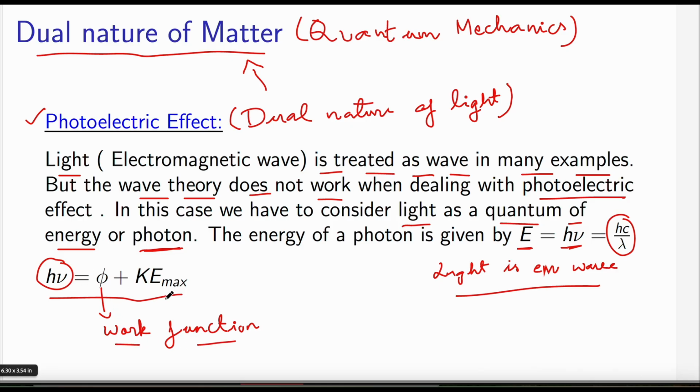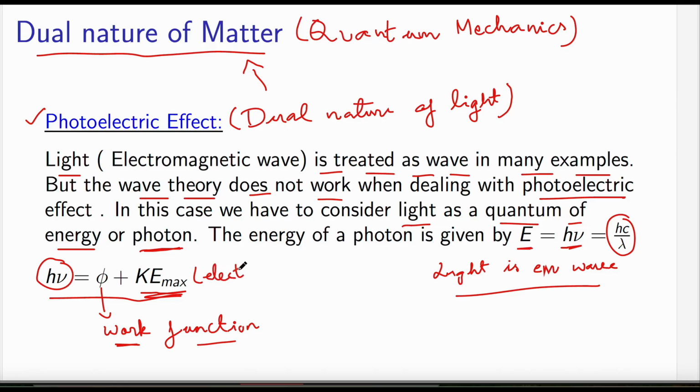and the rest will go to increase the energy of the electron. So this is the kinetic energy, the maximum kinetic energy of the electron. This is the conservation equation which Einstein wrote. The photon energy: part goes into overcoming the barrier at the surface, and the rest is the kinetic energy of the electron.